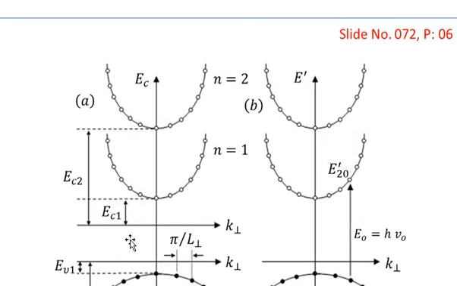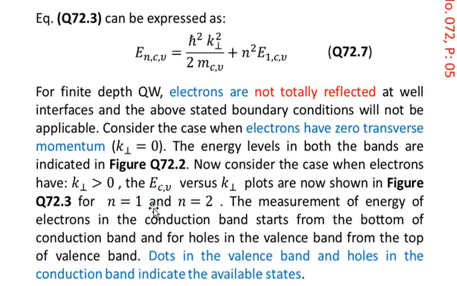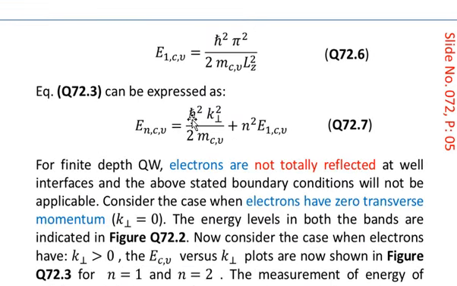So you can see that there are two parabolas in the valence band corresponding to n equal to 1 and n equal to 2. And this parabola is due to the expression of energy, because we have k perpendicular square. Due to this k perpendicular square, the plot of E versus k perpendicular will be a parabola, because this resembles the equation of a parabola.